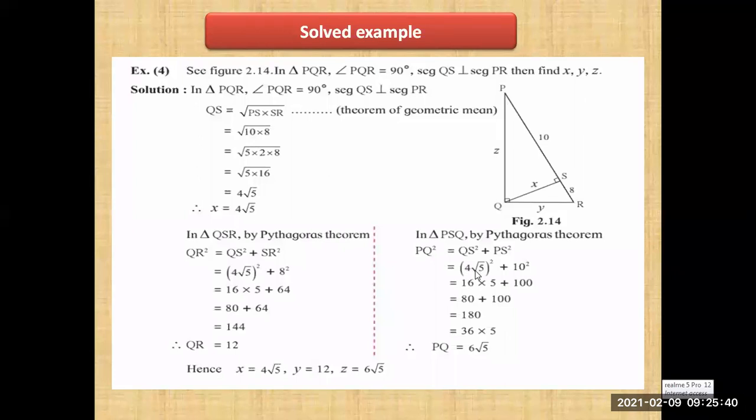Square of 4 is 16. Root 5 square, the root and square get cancelled, into 5, plus 100. 80 plus 100, that is 180. So 180 is not a perfect square. So we split it here as 36 into 5. 36 is the perfect square of 6 and the square root of 5 is under root 5. Okay. So PQ is equal to 6 root 5.